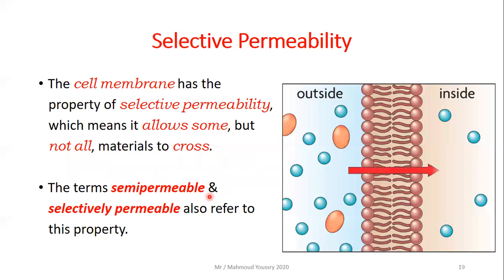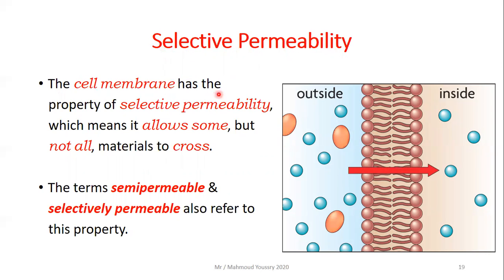Then we move to another characteristic of the cell membrane, which is selective permeability. Permeability means allowing substances to pass through. Selective means it selects or controls what will pass and what will not pass.